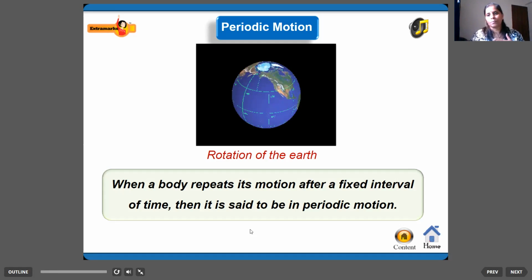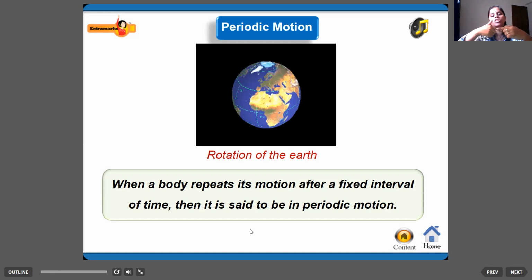Keep your hand on your heart. How does it beat? Yes, after a fixed interval of time, you hear the beats of your heart. That is again an example of periodic motion. If you play a musical instrument like a guitar, how do the strings move?